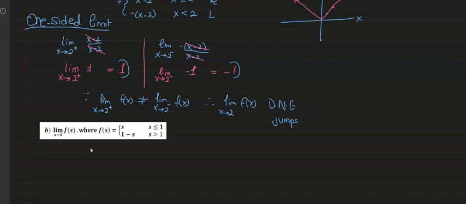Here we need to study the limit of f of s as s is approaching 1, and f of s is defined as a piecewise function. We have dealt with piecewise functions before, and we know that it divides the number line around that point indicated here, which we call the joining point.